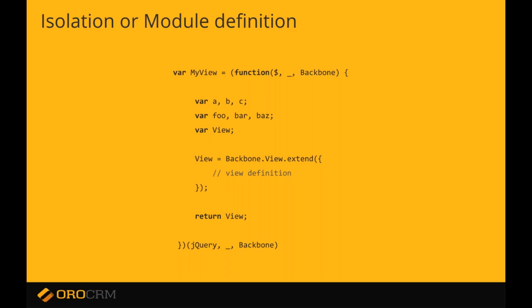At the end of the immediate function, we return the result of our execution, for example some kind of module. This way we can provide some isolation for scope.